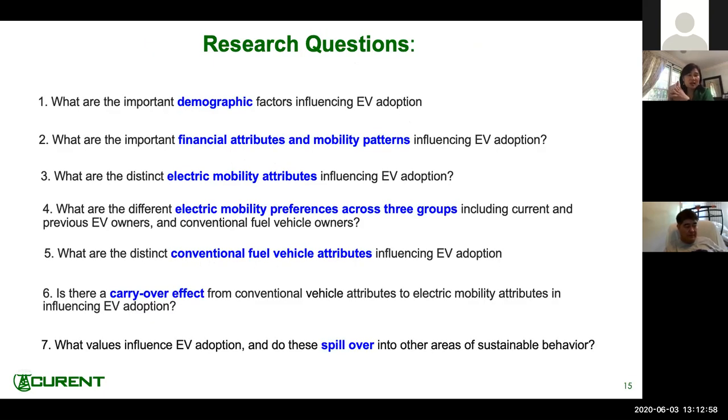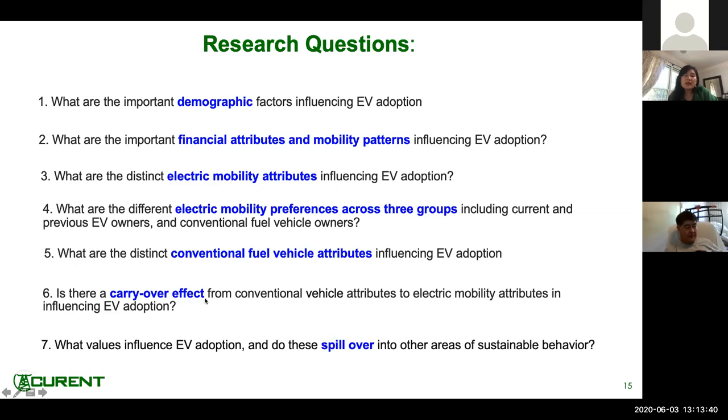So in this talk, I'm going to focus on what the important demographic factors are, what the financial attributes and mobility patterns are, meaning how people's driving behaviors influence EV adoption, what the specific electric mobility attributes are, meaning the characteristics of the technology that influence EV adoption, and what kind of preferences people have among previous EV adopters, current EV adopters, and also conventional fuel vehicle owners. So what are the differences among these three groups?